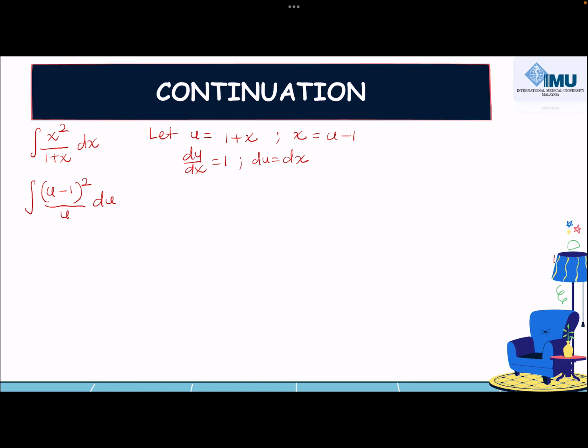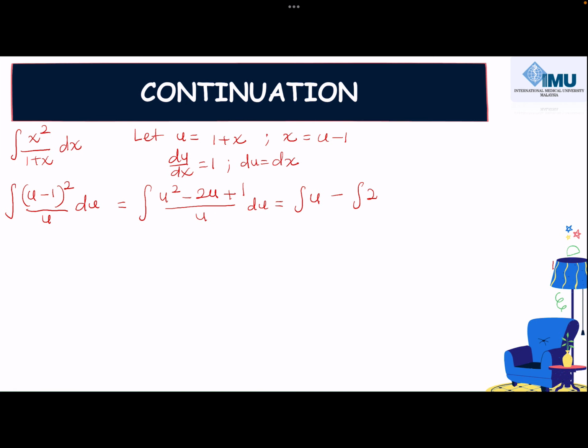You notice I already changed from x term to u term. Now, further expand. You have (u - 1) to the power of 2. It can be written as u squared minus 2u plus 1, the whole thing divided by u. Now, each of the terms I'm going to separate. So I will have u squared over u, which is u itself. 2u over u is 2 only.